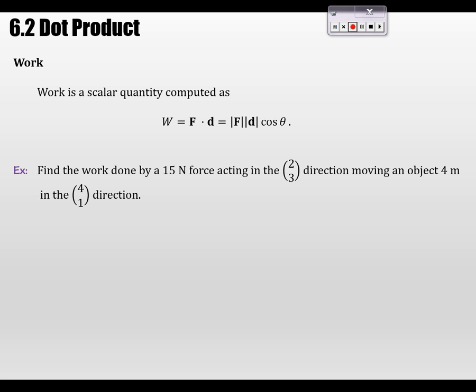Because it's only that piece that I'm applying. If the cosine is 0, then that means I'm not applying any force in this direction. I can't move the chair that way if I only move it up this way. So that makes sense. So if I want to increase the amount of force I'm using in this direction, then I need to lower my angle, get the biggest cosine possible, right?